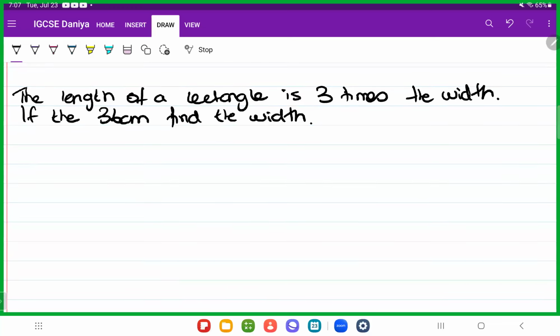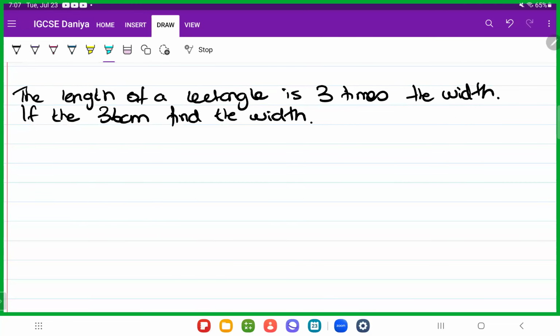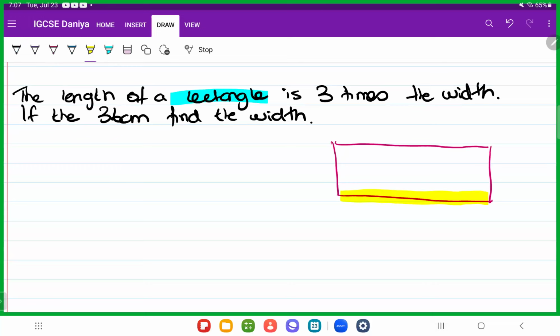So what are they saying? They're talking about a rectangle, right? As soon as I see this, in my head, I would make a rectangle over here so that I can label whatever they're asking me to, all right? They're saying the length of the rectangle, which is this part, is 3 times the width. What does times mean?